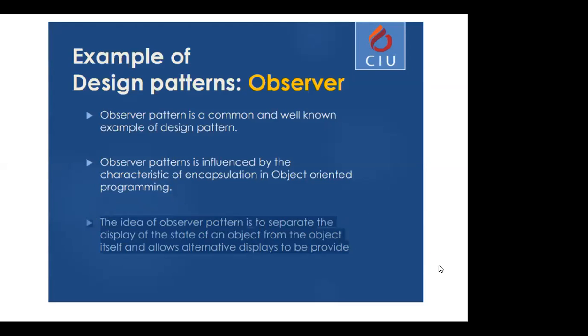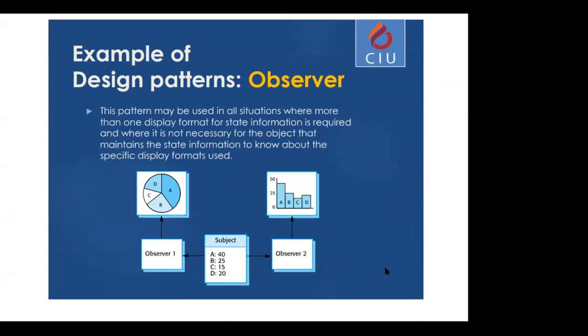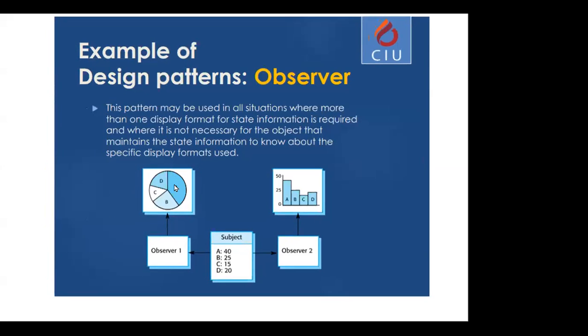For example, if you have some data in your table and you want to show, let's say, the sales or the success rate of students this term, there could be many display options for you. You can display it with a pie chart, with simply numbers, or with bar graphs and so forth.